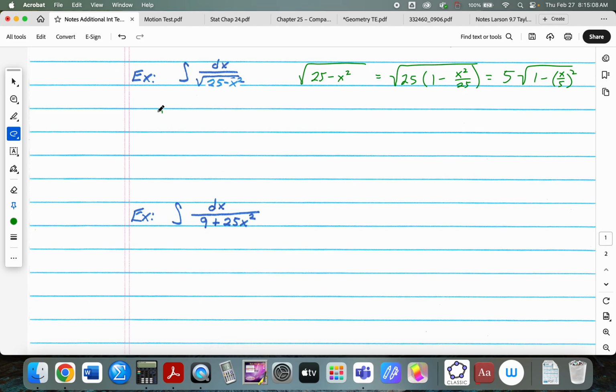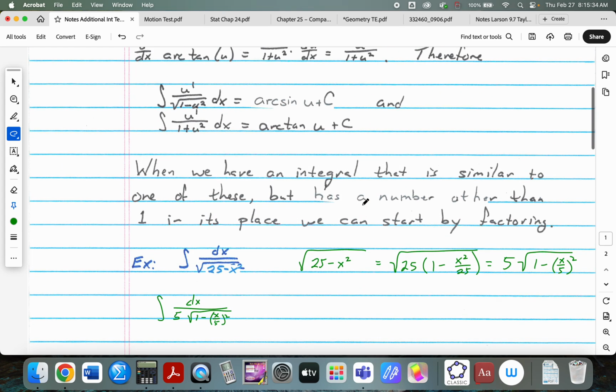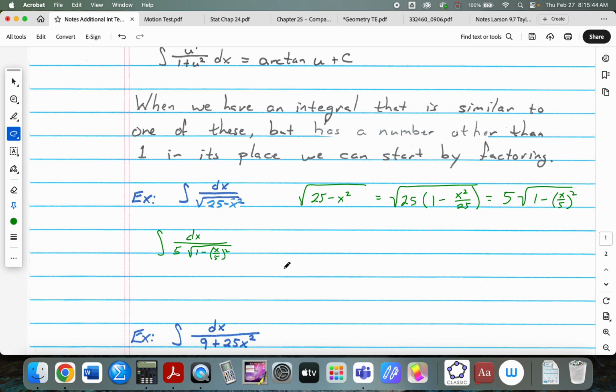So now my integral becomes the integral of dx over 5 times the square root of 1 minus x over 5 squared. Now going back to this, it says if I have the derivative in the numerator of the u's here, I can go straight to my answer. Well, we actually kind of do.